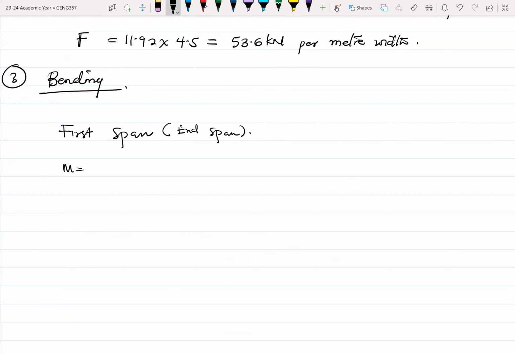Our moment is 0.086 FL, and this is equal to 0.086 times our F, which is 53.6, times the L, which is 4.5, and this will give us 20.8 kilonewton meter.